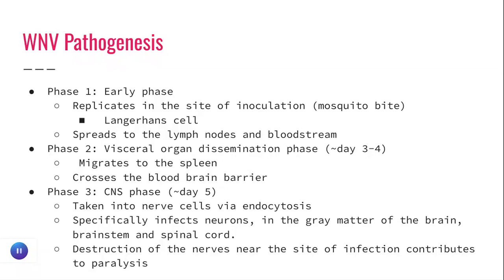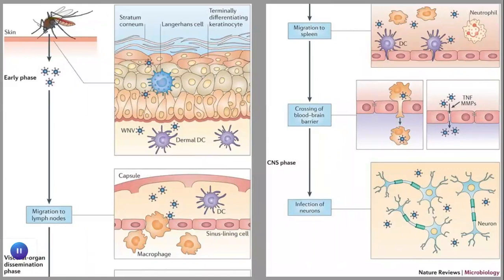As far as virulence factors are concerned, according to WHO, some of the studies have suggested that the envelope glycosylation contributes to the enhanced virulence of the North American strains of this virus.